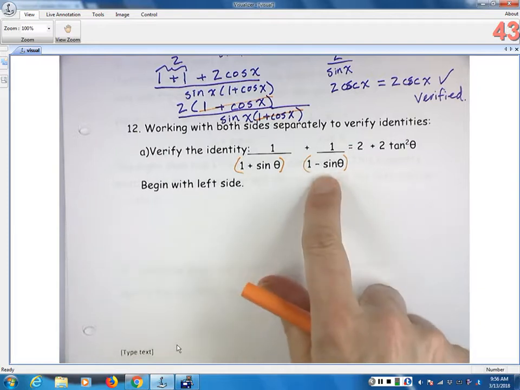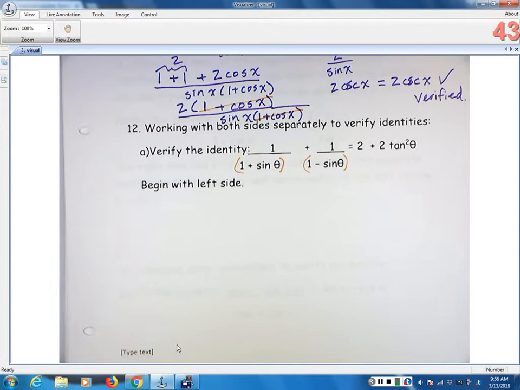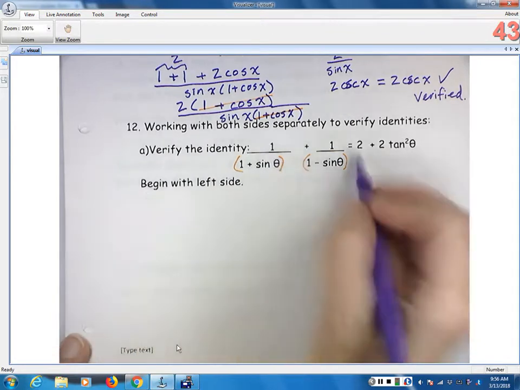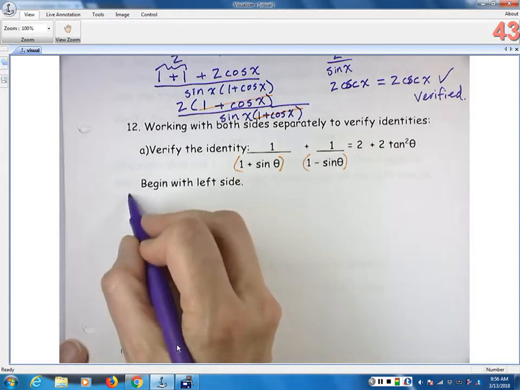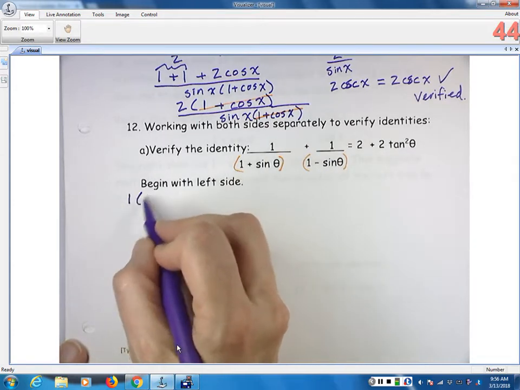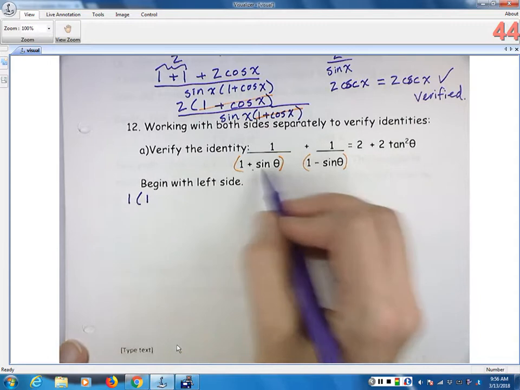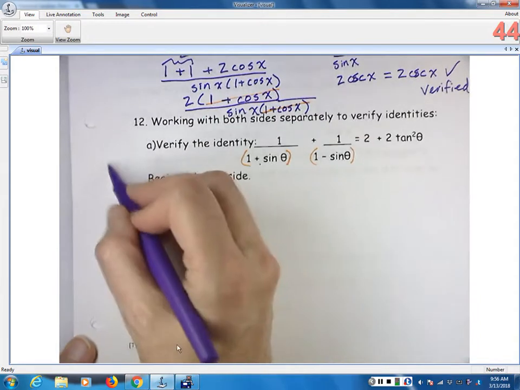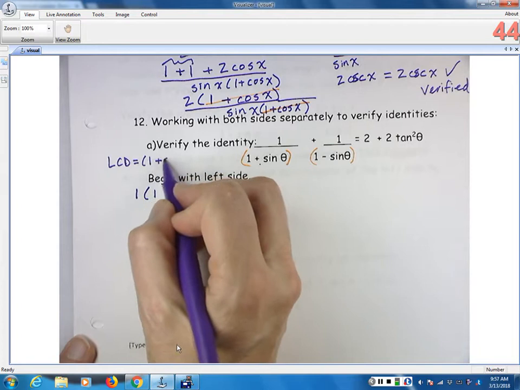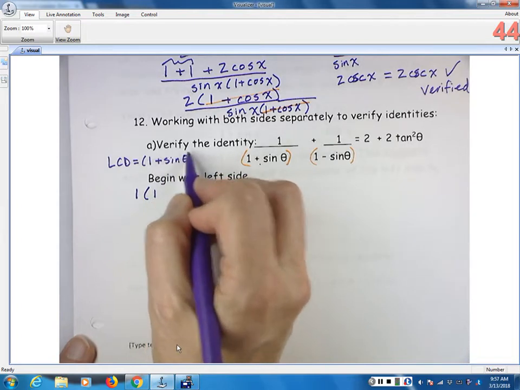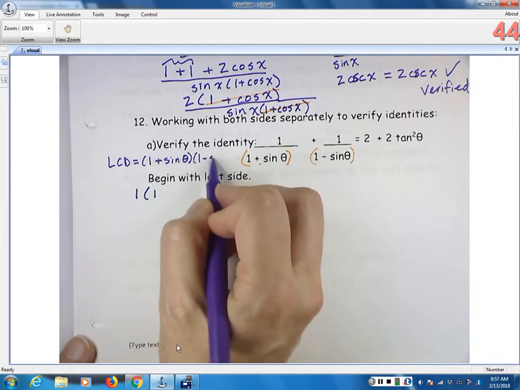So I'm going to start with the left side. If they're separate, you need to find the least common denominator. So it's going to be 1 times, these two multiplied together would be our LCD. 1 plus sine theta, 1 minus sine theta.